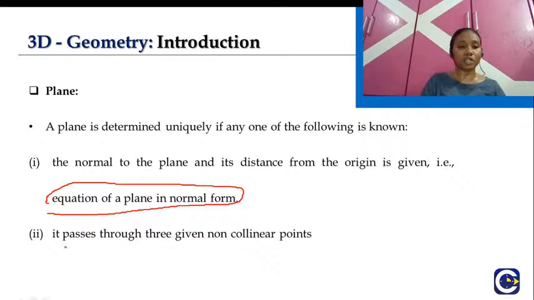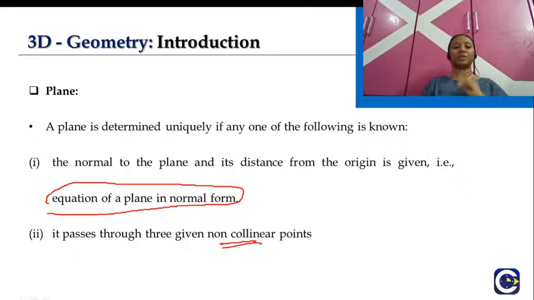And the second point is that it passes through three given non-collinear points. So any plane will actually pass through three given non-collinear points. What is the definition of collinear points? Collinear points are nothing but 3 points that lie on the same line. Non-collinear is quite the opposite, which means a plane will be passing through 3 given non-collinear points.